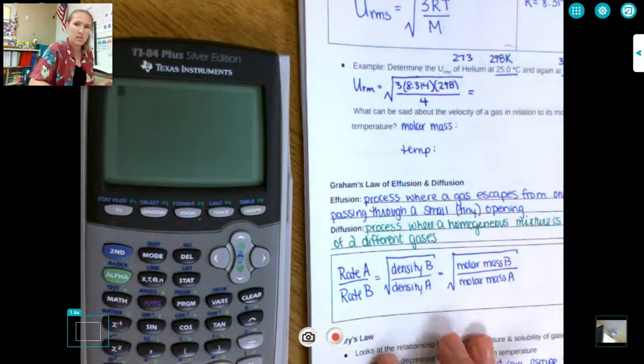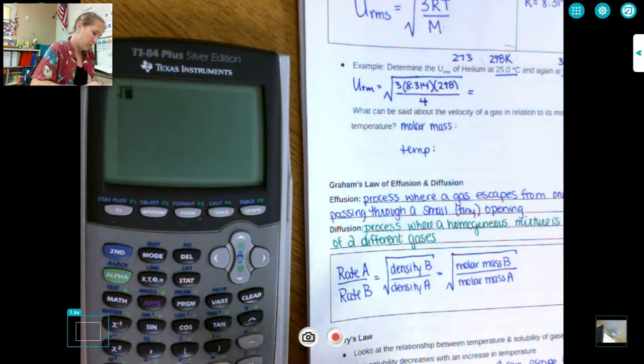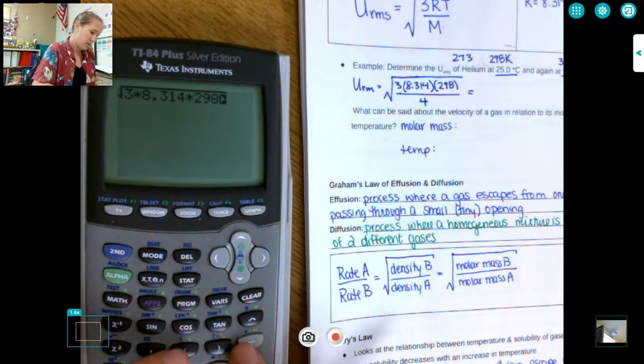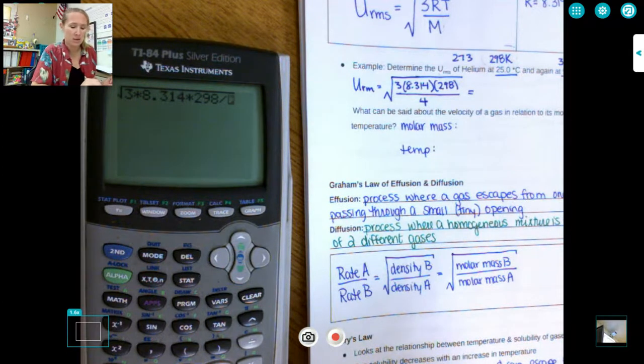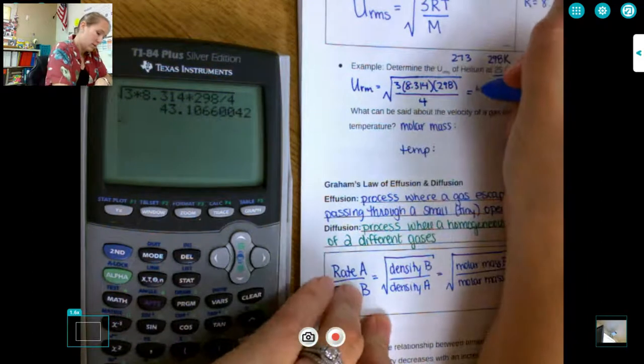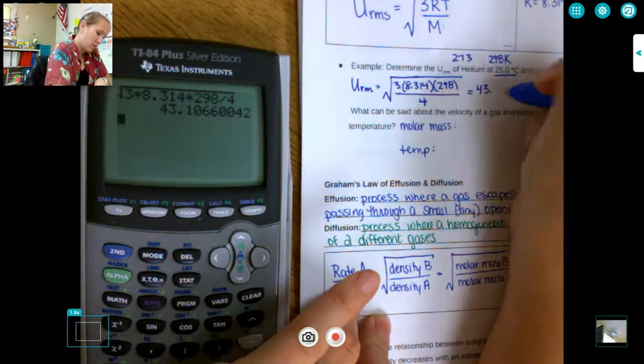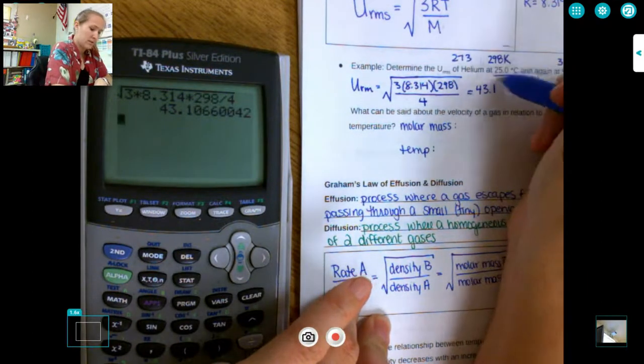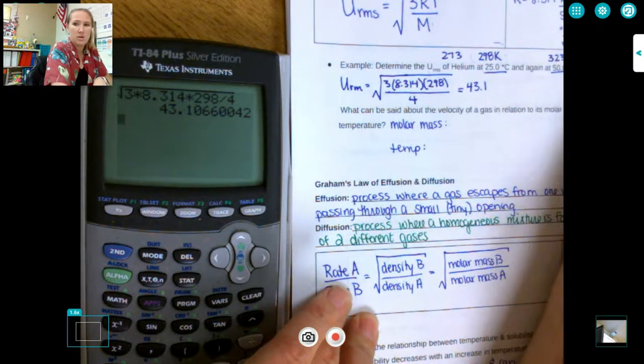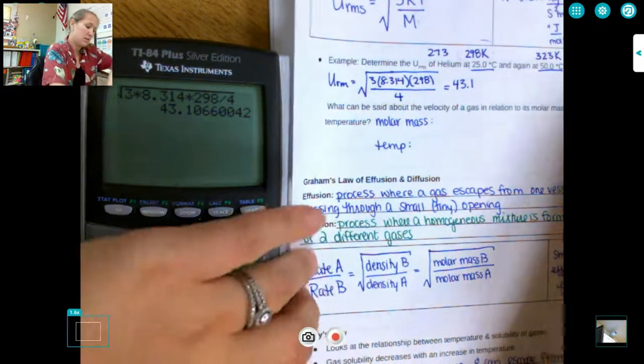Square root of 3 times 8.314 times 298 divided by, and it's all multiplying and dividing so I don't need extra parentheses, 4 equals, and I get 43.1, and I'm going to go off sig figs off my measured number, which is my 25 degrees Celsius.